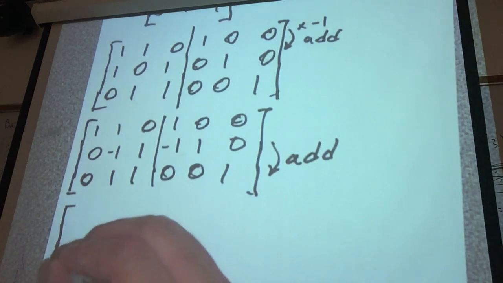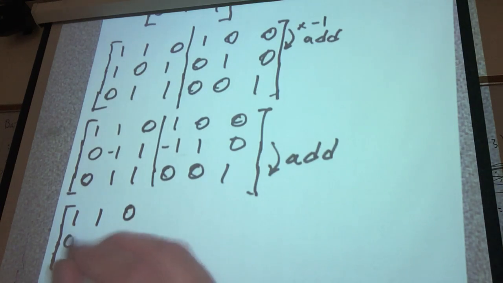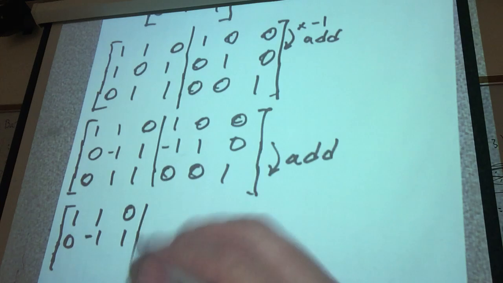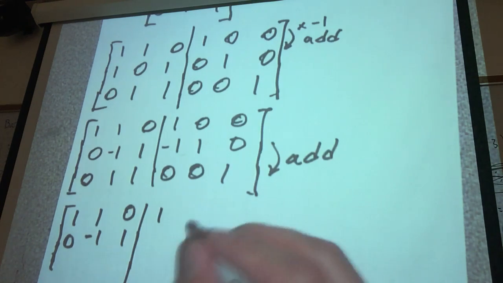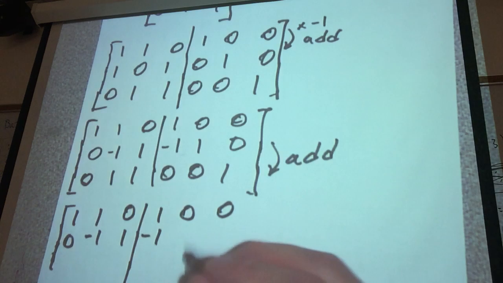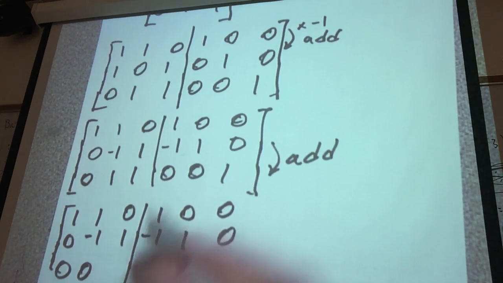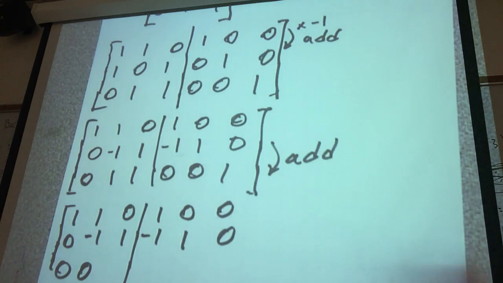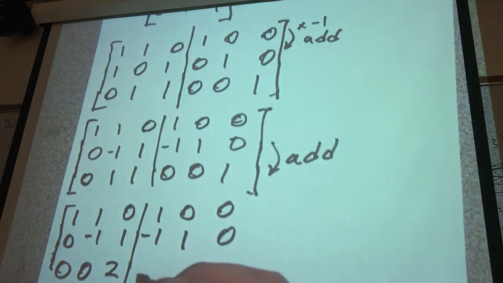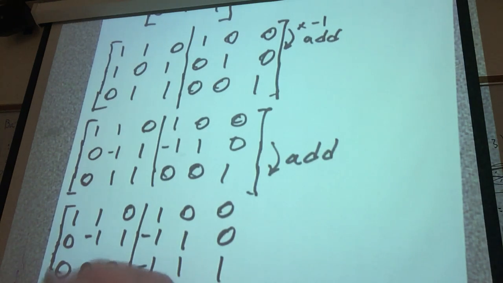So that would become 1, 1, 0, 0, -1, 1, okay. And then 1, 0, 0, -1, 1, 0, and 0, 0, and then 1 plus 1 would be 2. Right? Now adding downwards, this would be -1, 1, and 1.